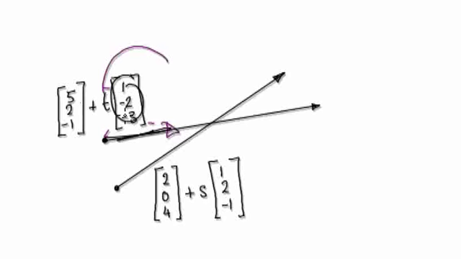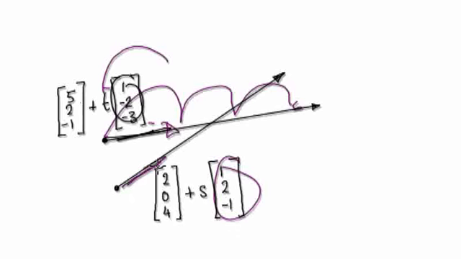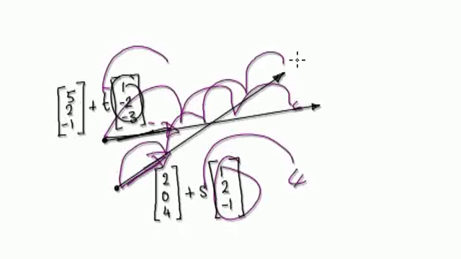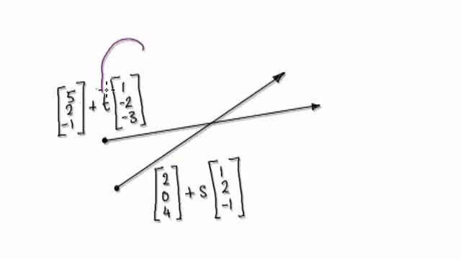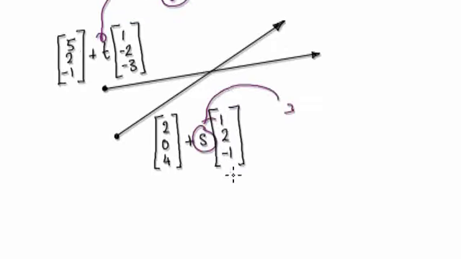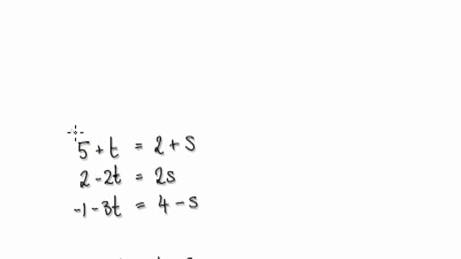When t equals 3, it will be 1, 2, 3. It will take you to here. This vector, let's say it's here. If you put a 4 into here, it will be 1, 2, 3, 4. It will take you to around here. So we are looking for a value of t and a value of s for which all three will be satisfied.